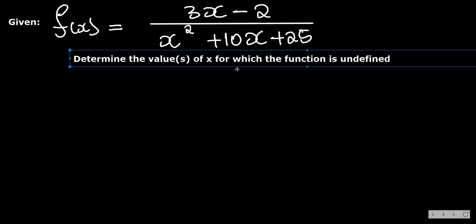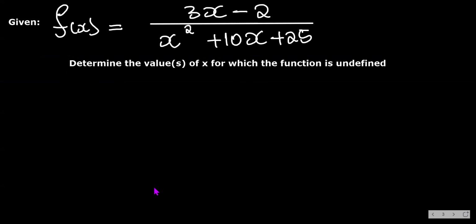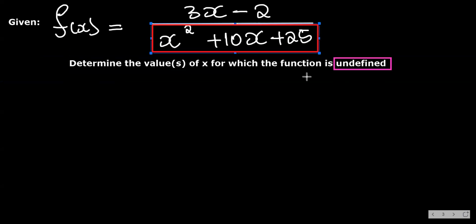Now, the question is, what needs to happen in order for the function to be undefined? That's the keyword. In order for the function to be undefined, that's when the denominator is equal to 0. Well, the question is not really saying that.